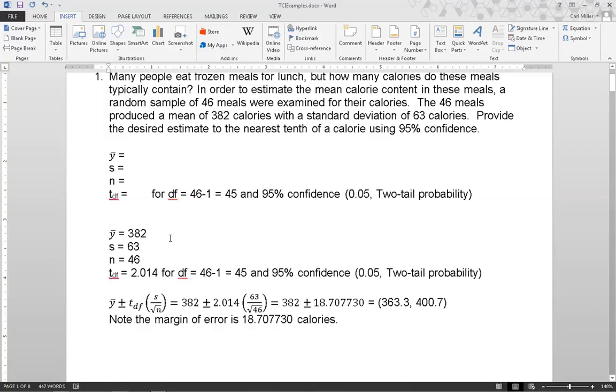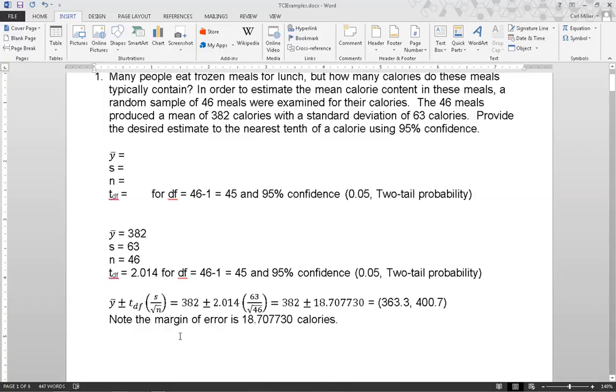Substitute your numbers, 382 plus or minus 2.014 times 63 divided by the square root of 46 equals 382 plus or minus the margin of error of 18.707730. So that rounds off to 363.3 for the lower limit and 400.7 for the upper limit.